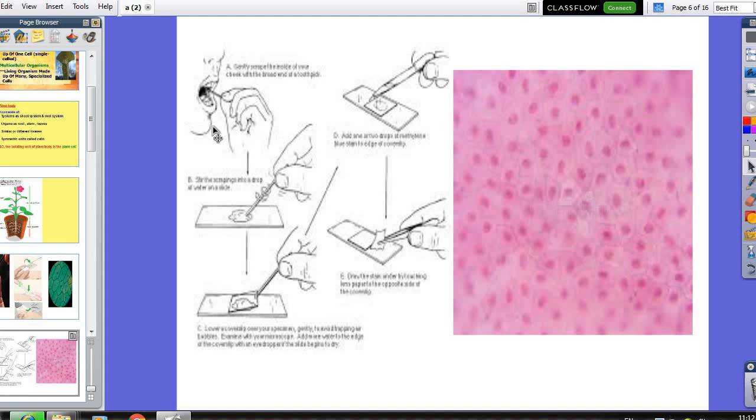You can rub your mouth from inside and put it on a clean slide, cover it, and add water to fix it, and under the microscope you can examine it also. Here is how you can extract the animal cell and plant cell.